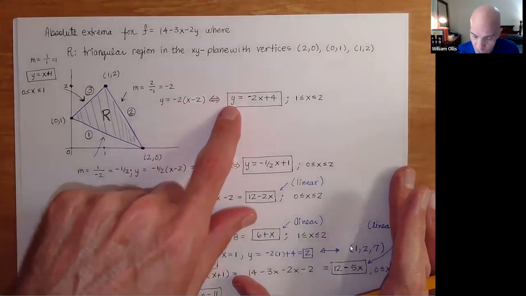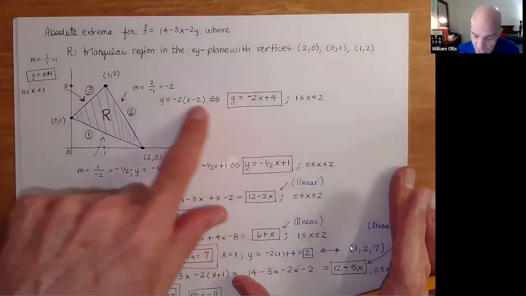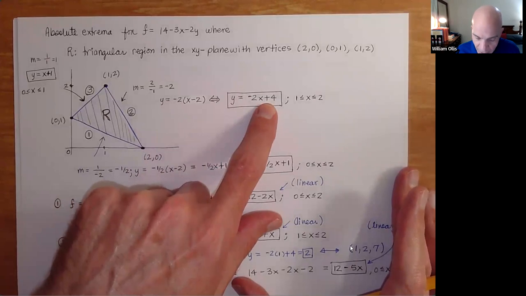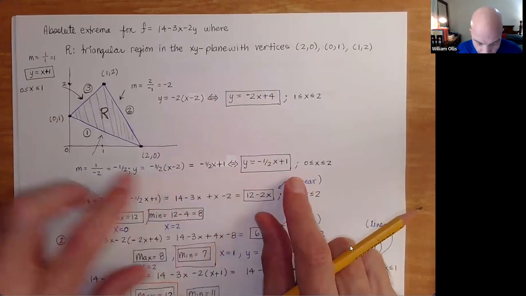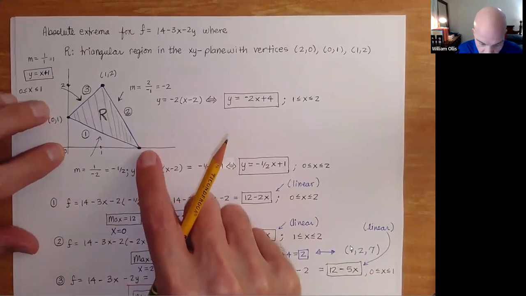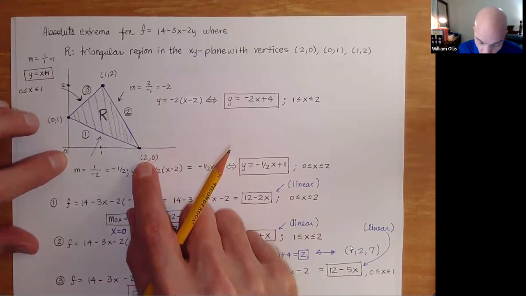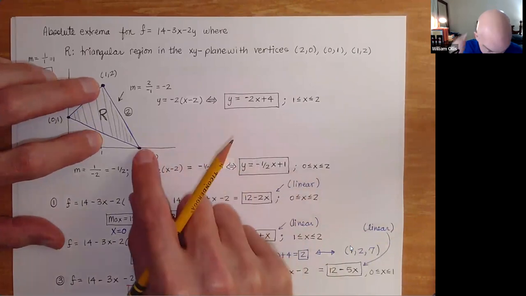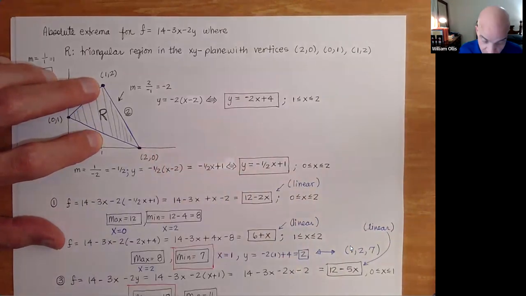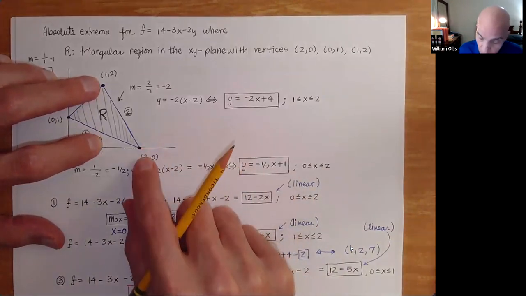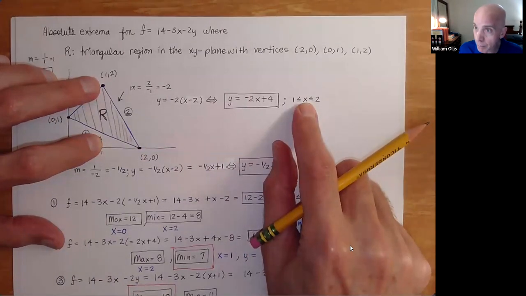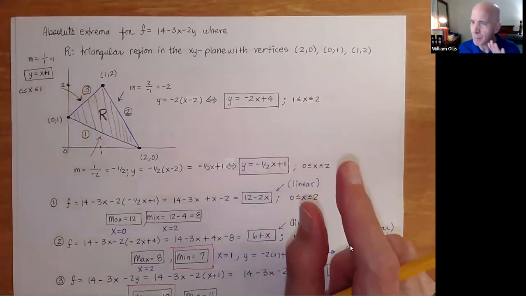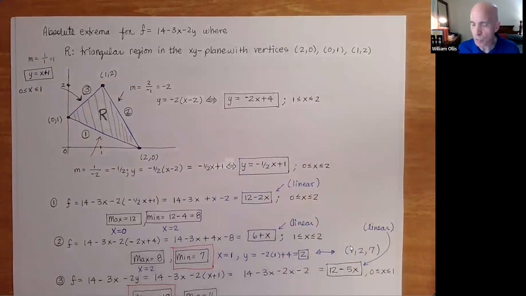And then, of course, if you multiply, you get y equals -2x plus 4. Now notice, as I've done here, when you see A1, you see that x runs from 0 to 2, and I've noted that here. In this particular case, for the second boundary segment, x is running from 1 to 2, which I've noted here. Okay, just very simple, but maybe not something that you would think about doing.